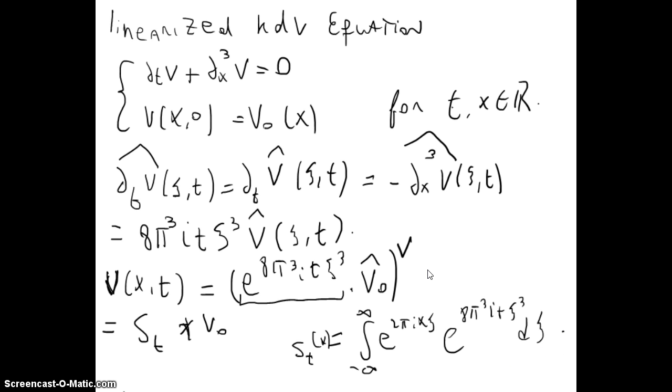We can say that this is just a notation, like we did with the Schrödinger equation, where we had e to the Laplacian t. This is the representation of the solution in terms of the Fourier transform.